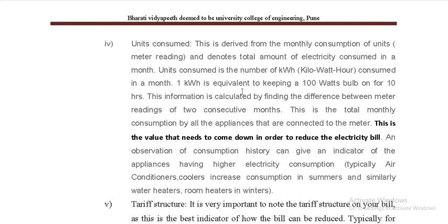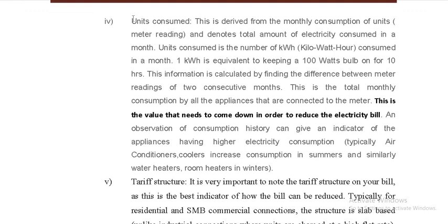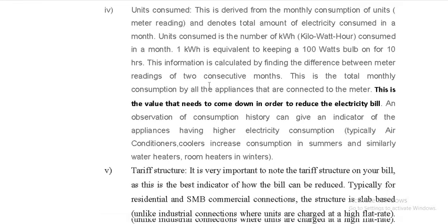Then from 100 to 500 it will be a bit higher, and beyond 500 it will be the highest. So again, this is to have a restriction on the consumption, isn't it? Normally you can see this on your bill also. As per the units consumed you are charged, right?